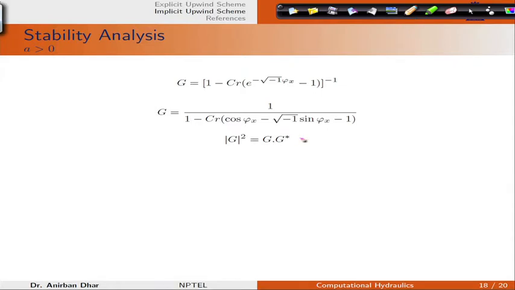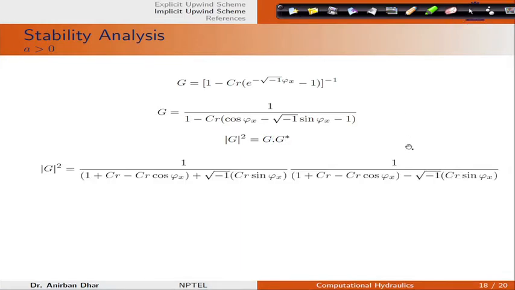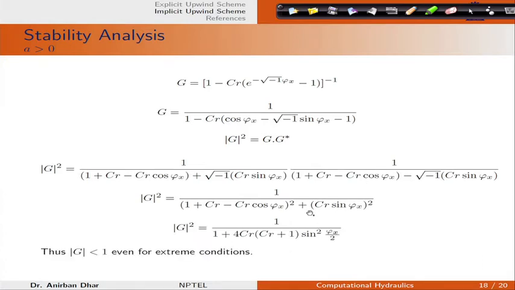This is the conjugate complex number in this case. So, if we proceed and write this for the modulus of G square, we get this one, and further simplification will give this G square condition.